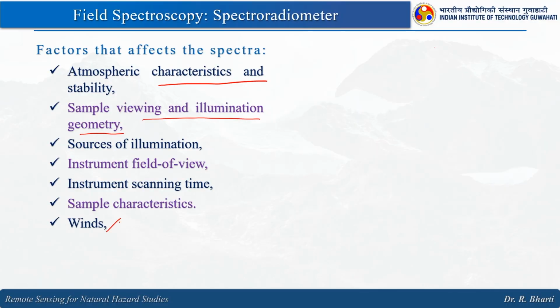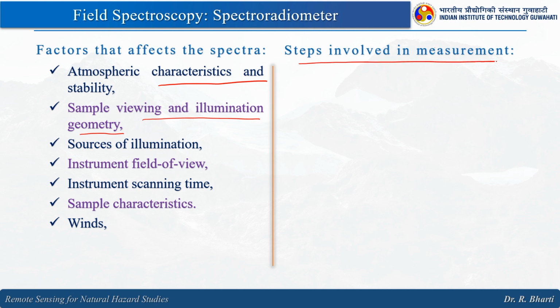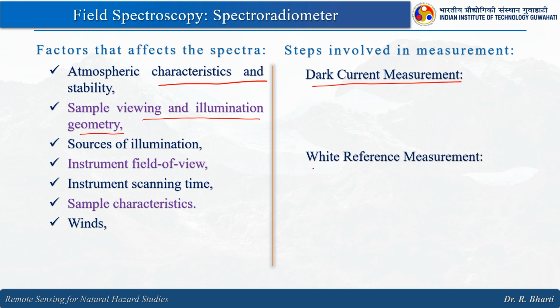Then wind speed, then comes the steps involved in the measurement. I told you previously about the spectral panel we are going to use in the field for the spectroradiometer. Here, the first thing we need to measure is the dark current, then the white reference, and then the target spectra.